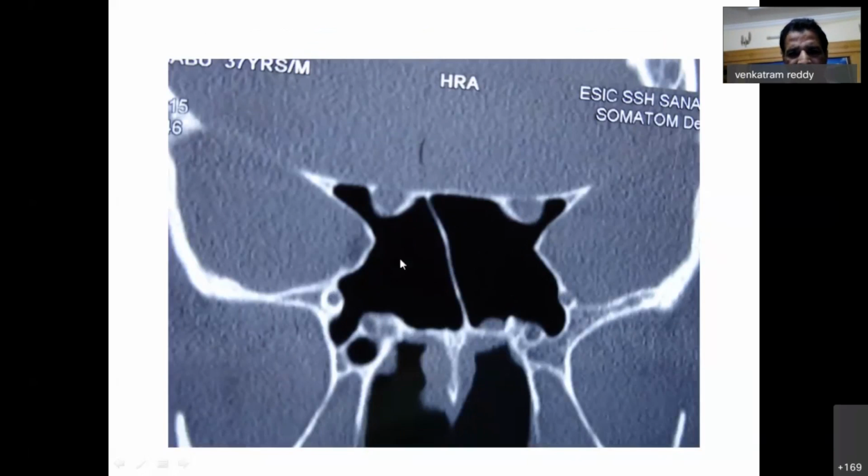The more pneumatization of the sphenoid, the more structures are bare and they are vulnerable to injury. So we should realize, unlike the CT scan of the temporal bone, wherein more pneumatization of the temporal bone is more desirable, not in case of the sphenoid sinus. Because if you have more pneumatization, you have more structures there, and you should be very careful.